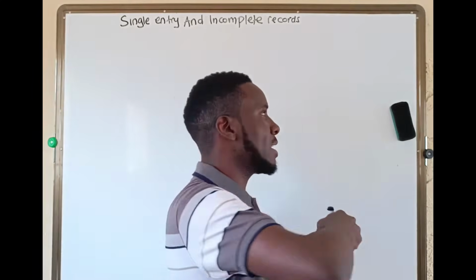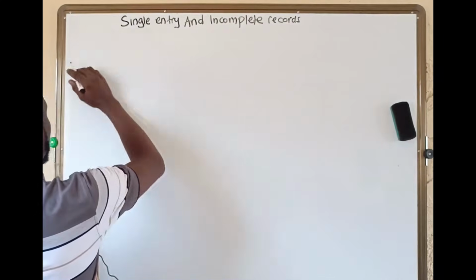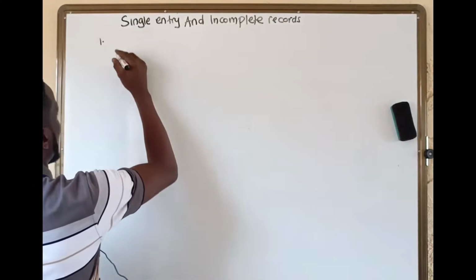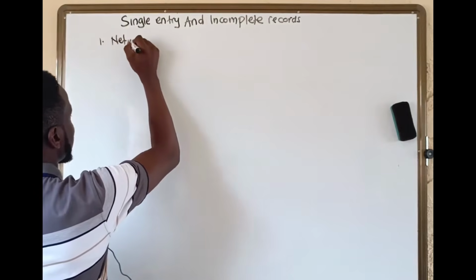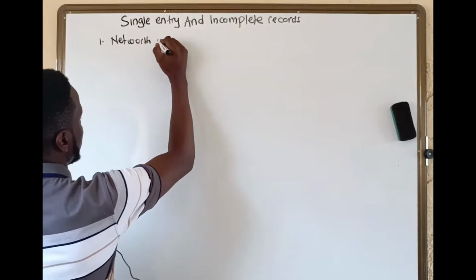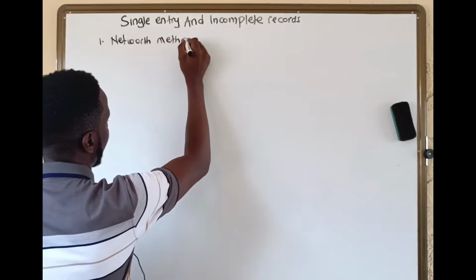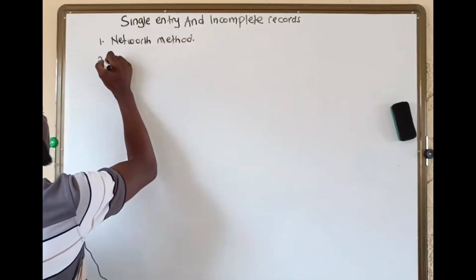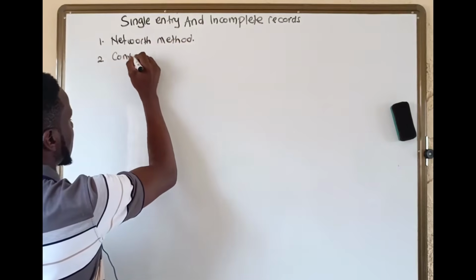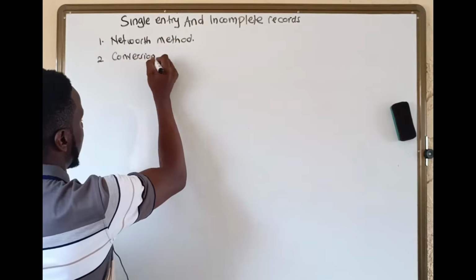One, I would like to tell you that we have about two methods. We have the net worth method, and we also have the conversion method.